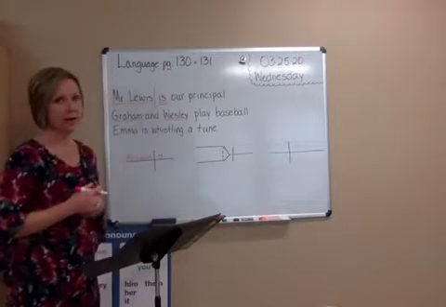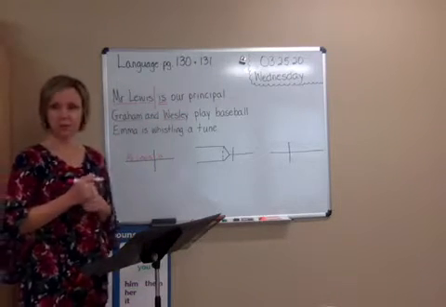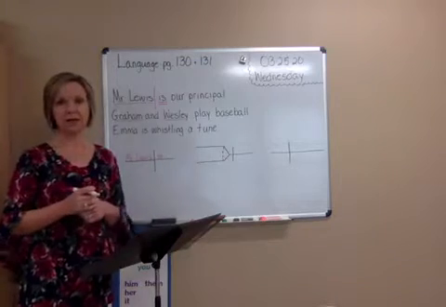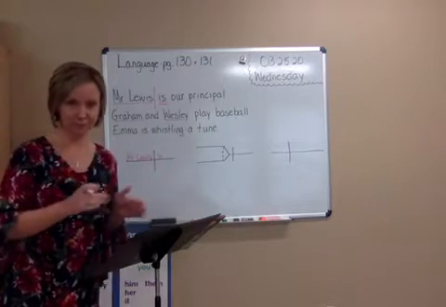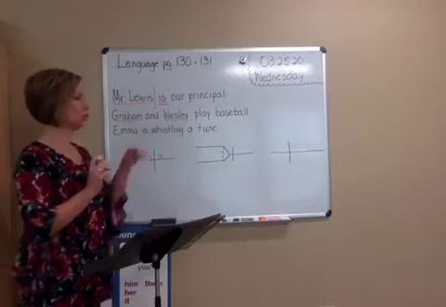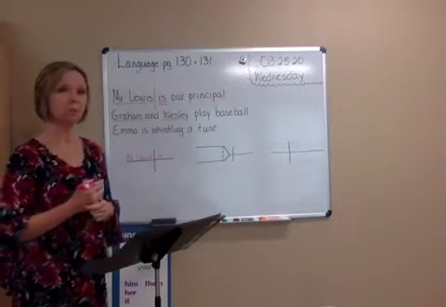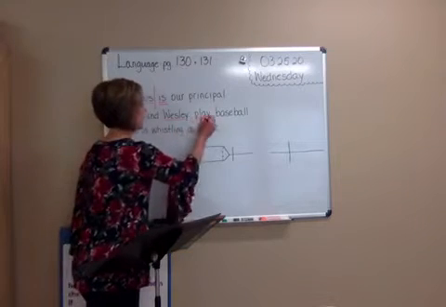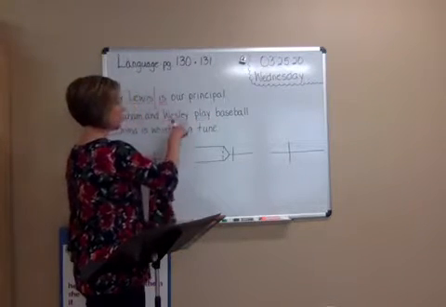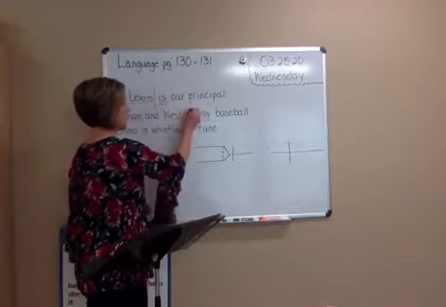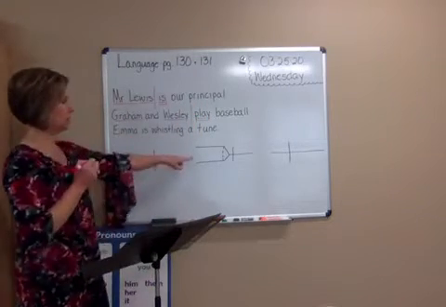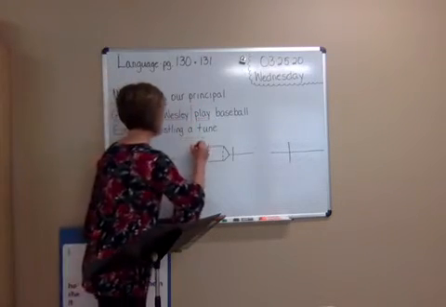We do not underline and we don't put and on these blanks because and is another, we'll get to that later. So, Graham, Wesley, and then what is our verb? Play. Yes, action. We can see that. So we'll divide here.